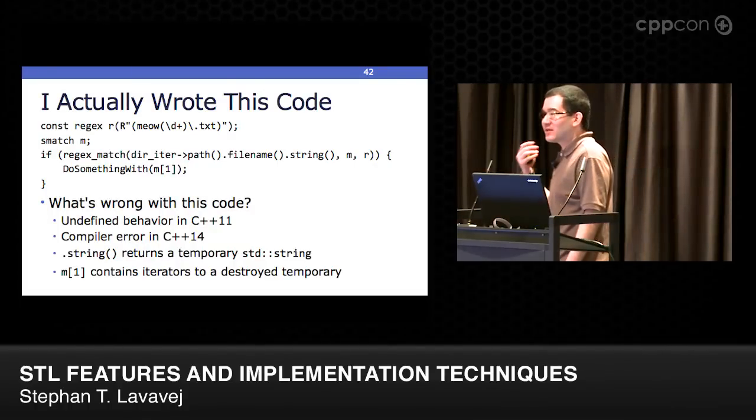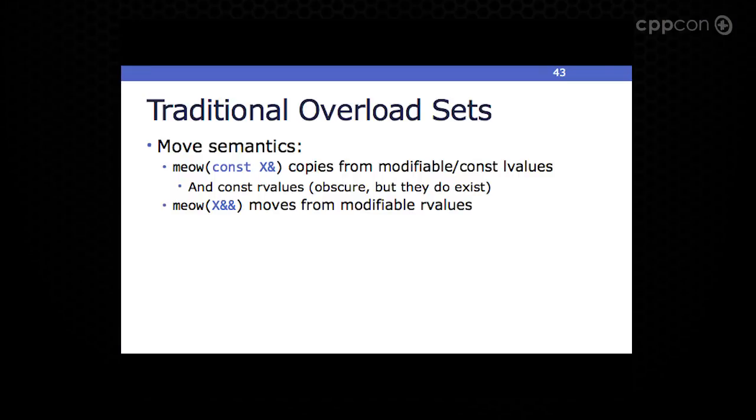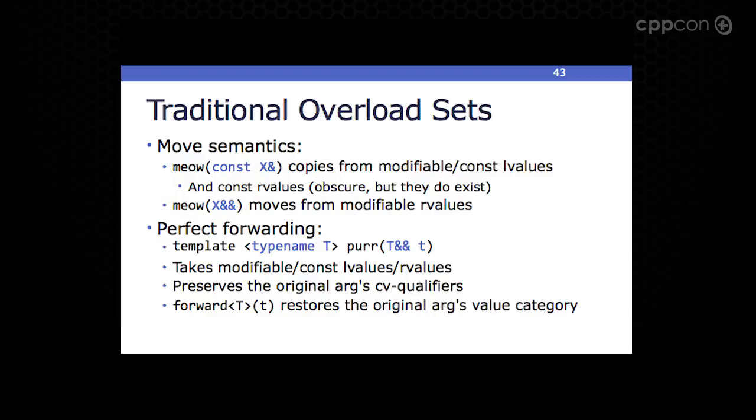But now, with rvalue references, we have the technology to detect temporaries and reject them at compile time. This is why it is a compiler error in C++14. So the original overload sets that we're all used to are still totally valid. Move semantics: you overload on const X ref and X ref ref for a specific X that's not templated on the actual function. Then we're familiar with the perfect forwarding overload, where we have template typename T, where T belongs to the function template.